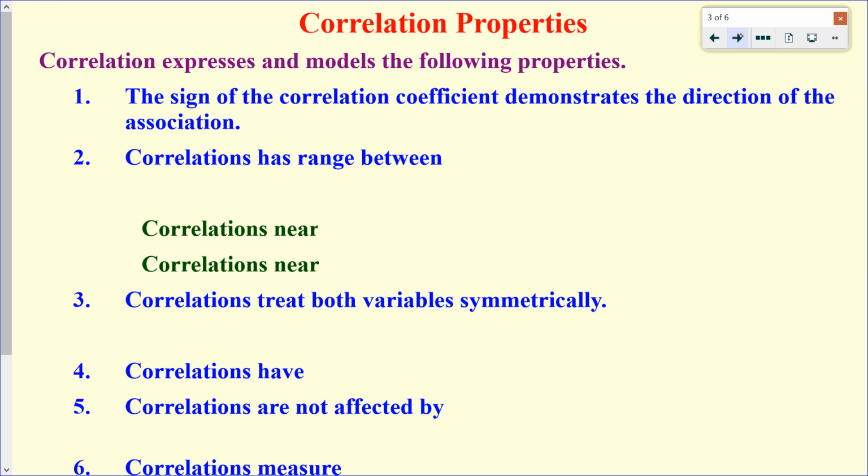Okay, so correlation, there are some properties that a correlation can express or model, and we look at them. The sign of the correlation, and we mentioned this a little bit earlier this week, the sign of a correlation demonstrates its direction. A positive correlation means we have a positive direction.